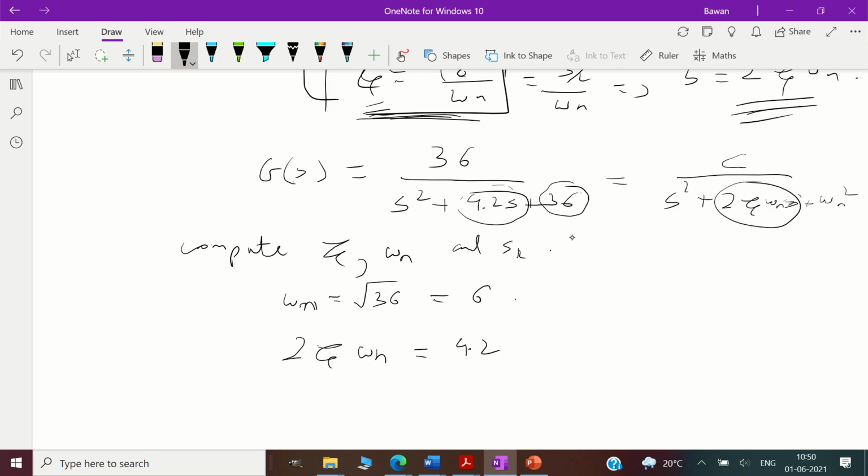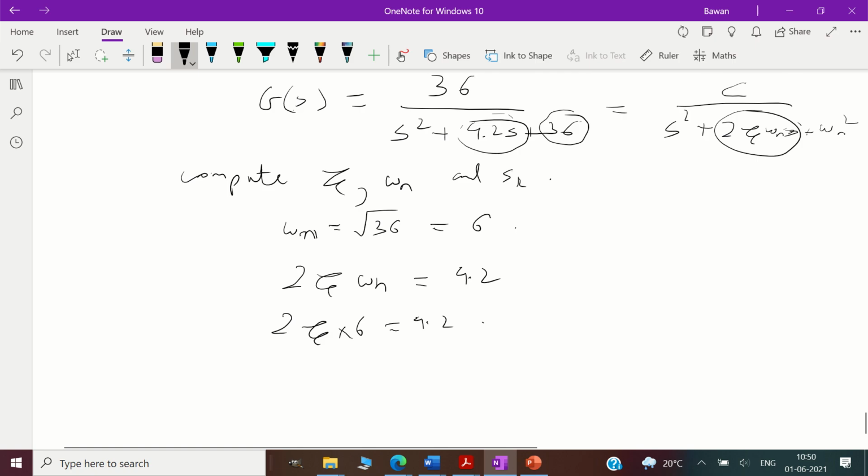So omega n is equal to 6, so 2 zeta omega n is 2 into zeta into 6 equal to 4.2, and then you can take out zeta, which is equal to 4.2 divided by 12. This will approximately give you some value there, so find out that value.